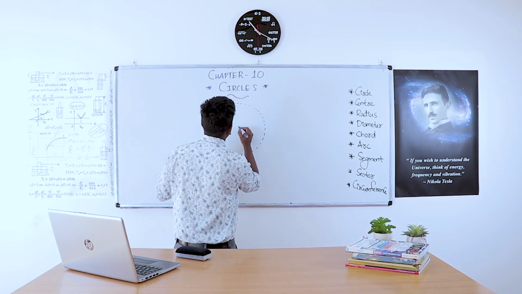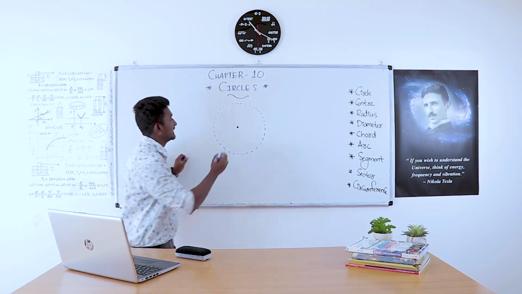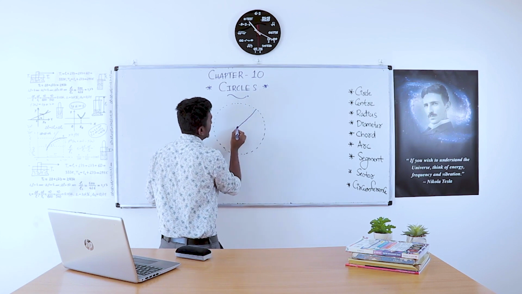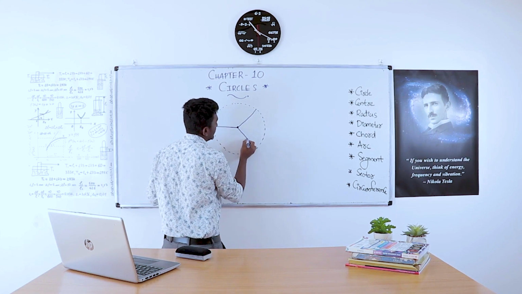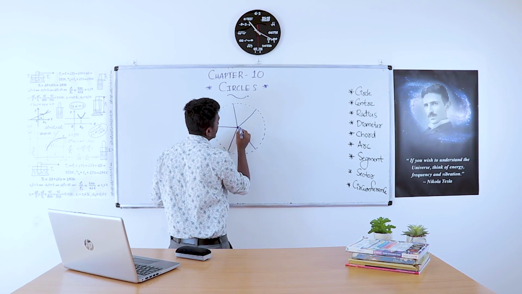This is our circle and this is the fixed point, the center. When we check the distance from this point to every point on the circle, it must be the same.